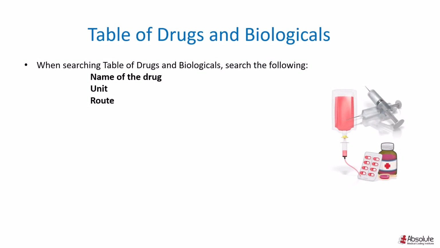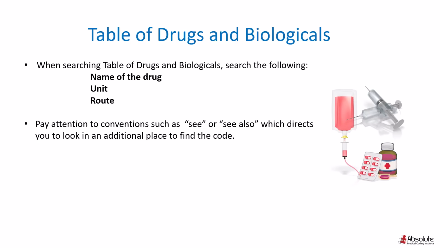And as I said previously, when searching the table of drugs and biologicals, search for the following: the name of the drug, the unit administered, how many units of the drug were administered. Also, search for the route of administration, whether it was an oral drug, intravenous or subcutaneous.